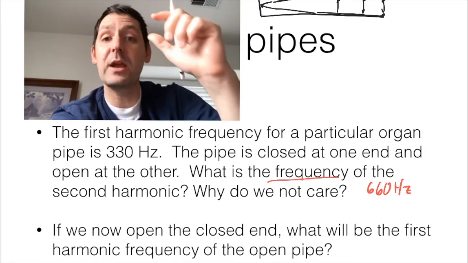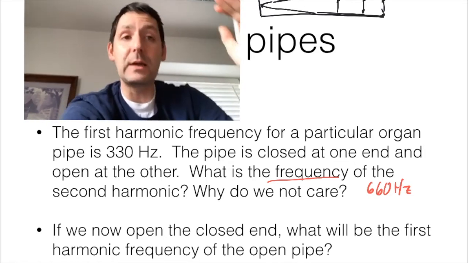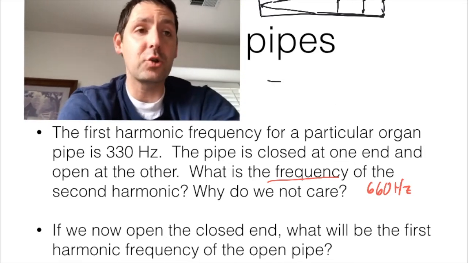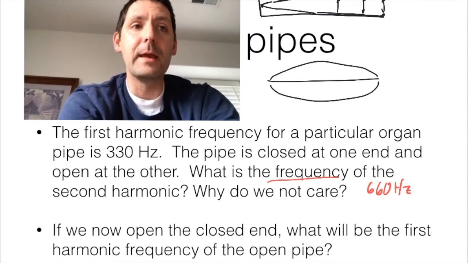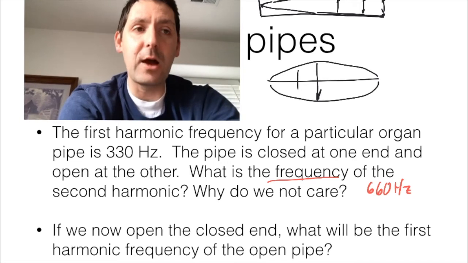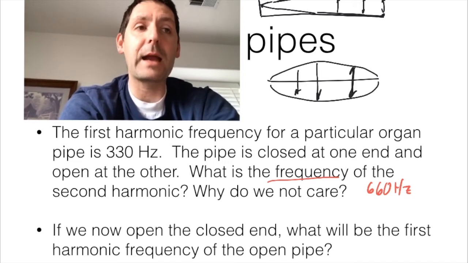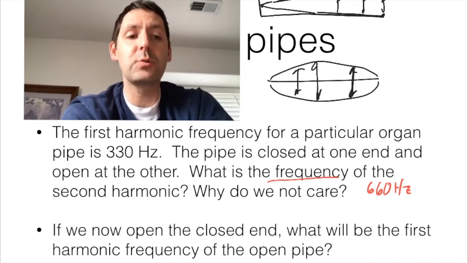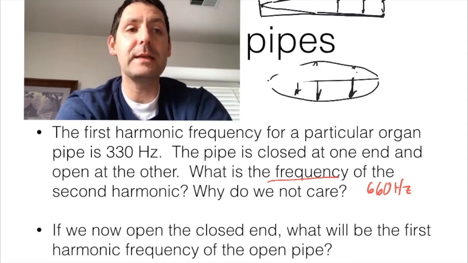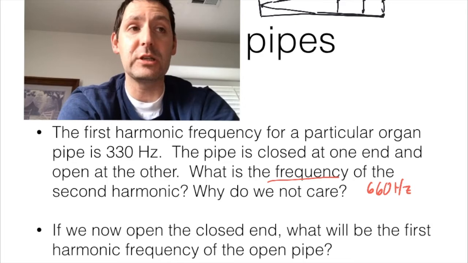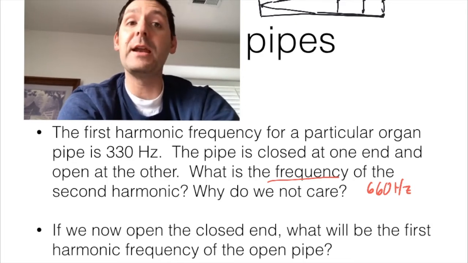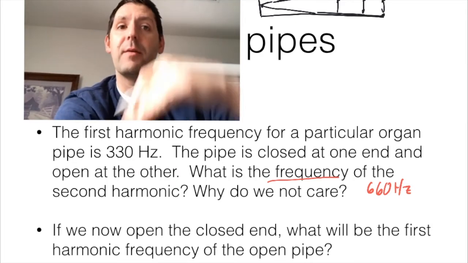When you pluck the string, the wave isn't always up there and it's not always down there. It starts here and then it moves down to there and then it moves back up to the top, right? So that's what it looks like on a string. The same thing is happening here in the pipe, in that the wave starts in one position, this one up here at the top, and then it goes down to the bottom position and then back up.